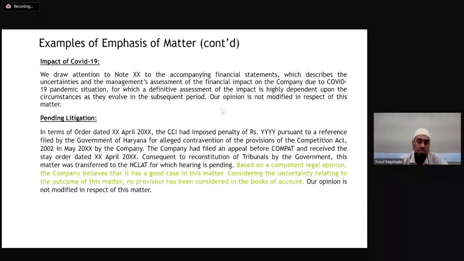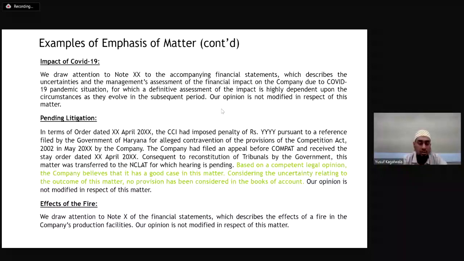Since the lawyer confirmation is obtained and we have assessed the impact, the stand, and where it actually stands in court, when we have done proper checking and proper audit around this point, and we conclude that the lawyer confirmation obtained by the company, and independently obtained by us, is proper, then in such a scenario, considering the uncertainty of the outcome, we should give an emphasis of matter. And we don't know whether a provision was required to be made considering the uncertainty.